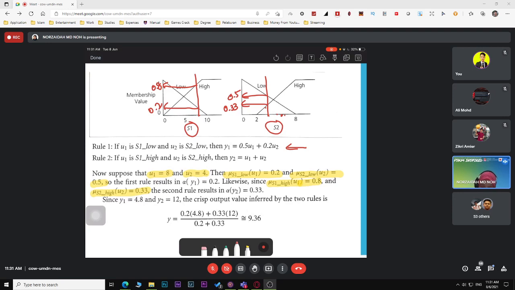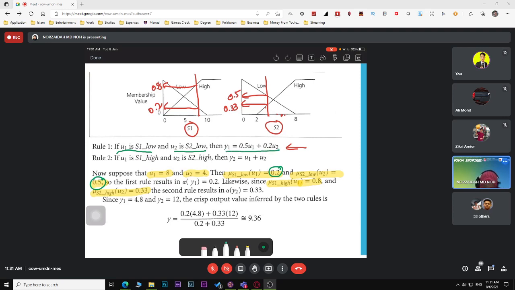Alright. So fuzzification is settled. Now we do rule evaluation. Look at rule 1. U1 is low, U2 is low. The value of U1 low is 0.2, U2 low is 0.5. So Y1 is this one.